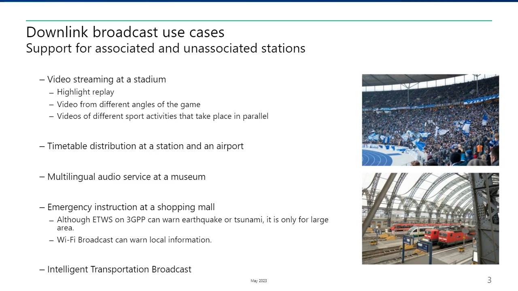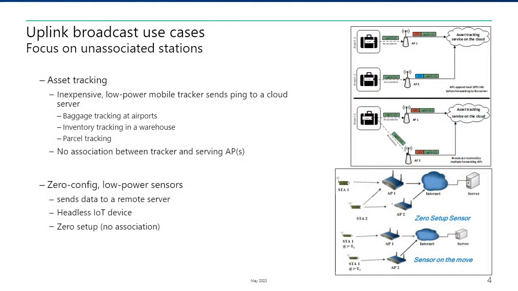Apart from the pure downlink services, one key feature also supports unassociated stations that want to distribute information in the uplink direction towards a service in the cloud without the need of being associated to an access point. Dominant examples here are asset tracking, where you can use inexpensive, low-power multi-trackers that ping a service in the cloud, for example, to provide information on the location of your baggage, inventory tracking, or parcel tracking.